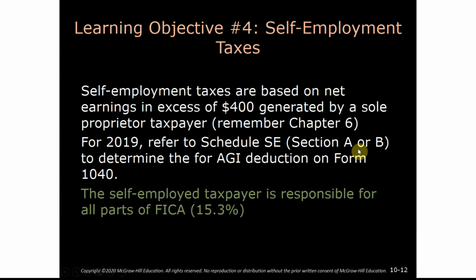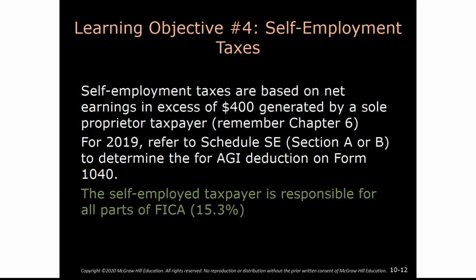For self-employed individuals, taxes are based on net earnings in excess of $400. You have to report on Schedule SE, and the important point to know here is that by being self-employed, you're required to pay all parts of FICA, that is to say Social Security and Medicare. You'll pay both the employee and the employer portion.